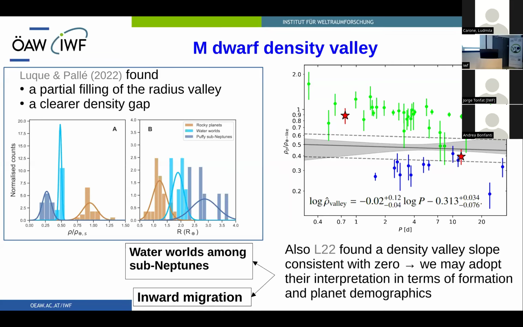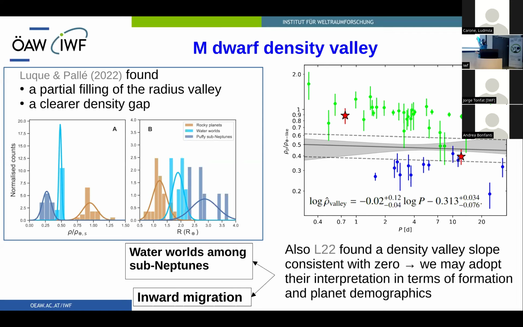So following this work, I said, okay, let's just take the planets I have in my sample and build a plot where the planet density is plotted against the orbital period. Luque and Pallé 2022 did this kind of work too, but the sample of my paper had 30% more planets, so the statistical result we could reach was more robust just because of more data in our hands.